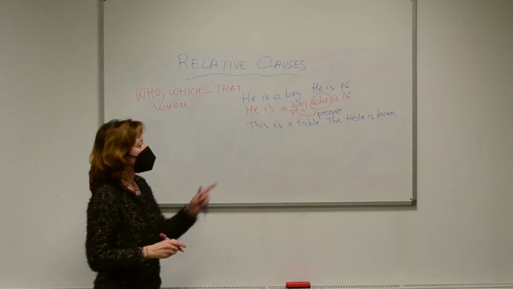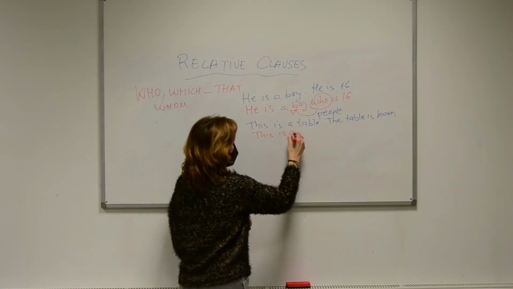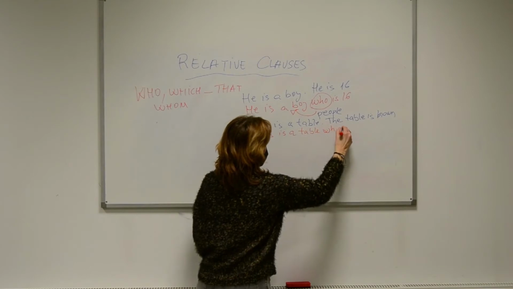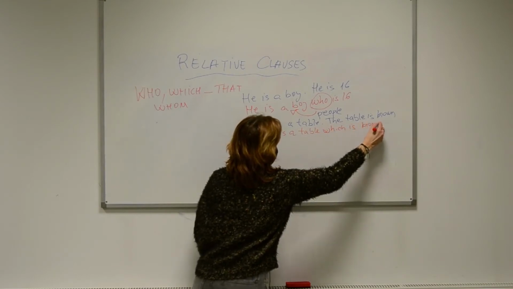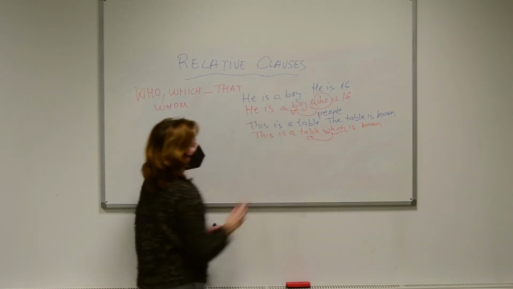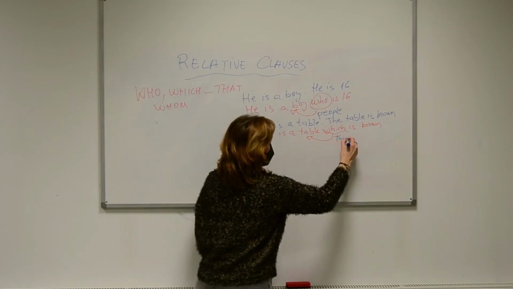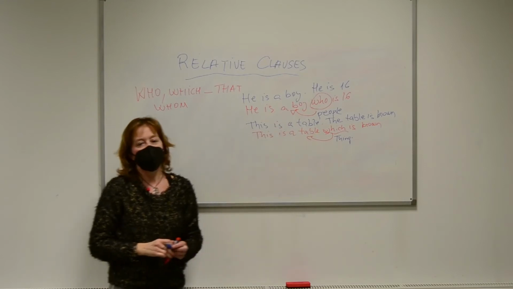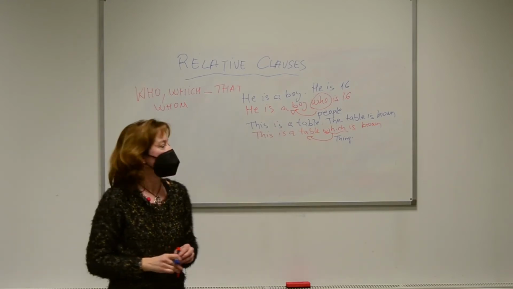If we join these two sentences, we say this is a table which is brown. We use the relative pronoun which to refer to the table, and the table is a thing. So who is used to refer to people and which is used to refer to things.